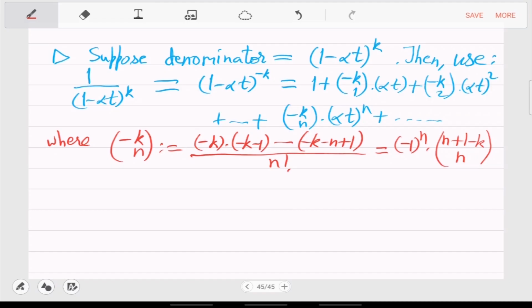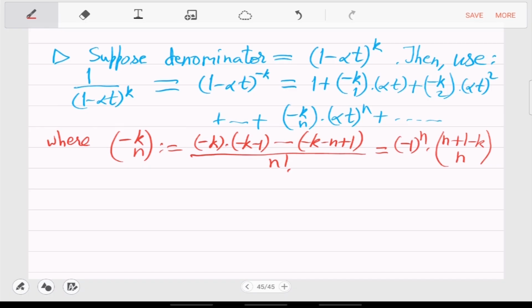Okay, which is a well-defined quantity, usual binomial coefficient. So what you are getting here is, instead of n choose k, you are getting something slightly different, but you can check that this is correct.